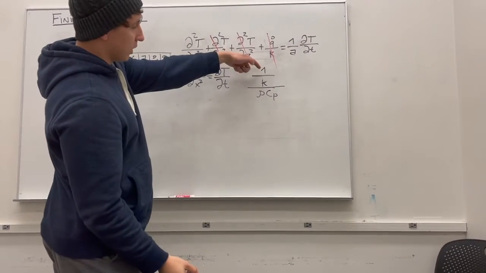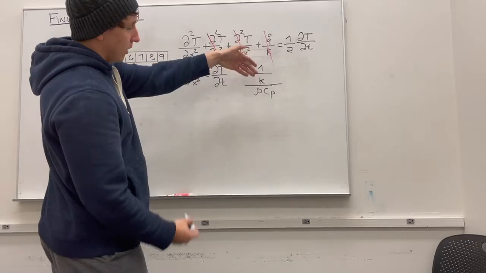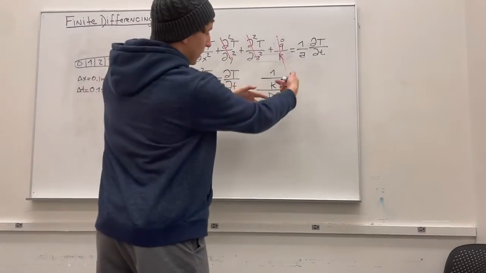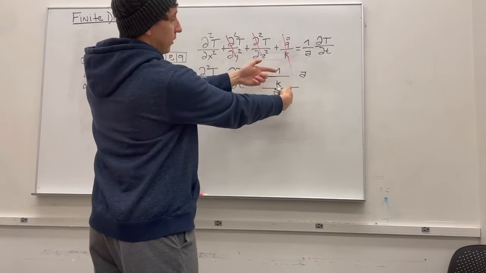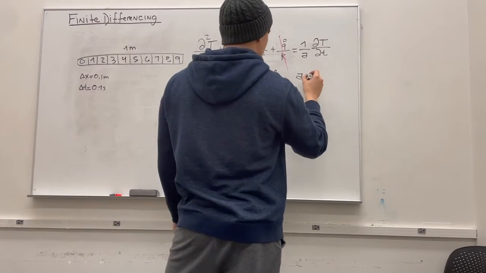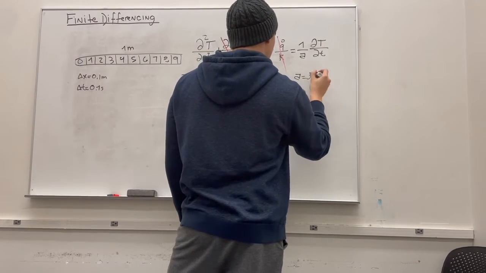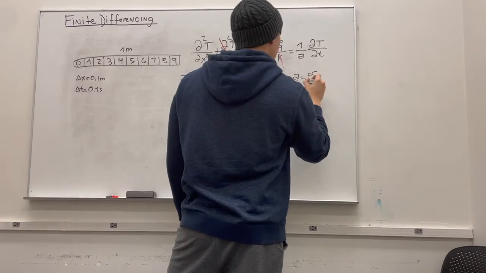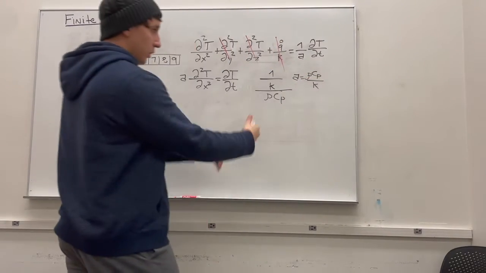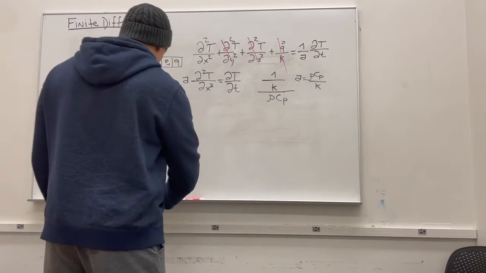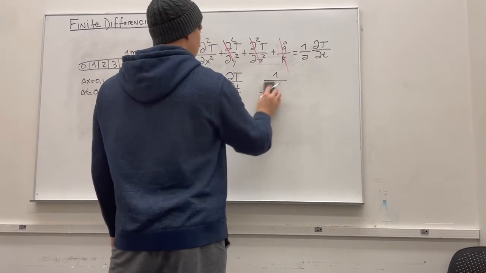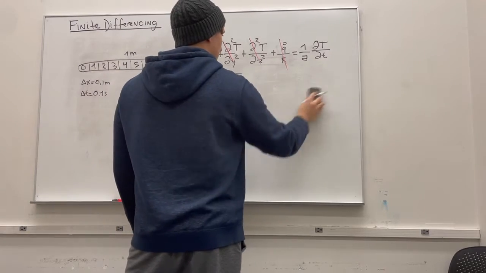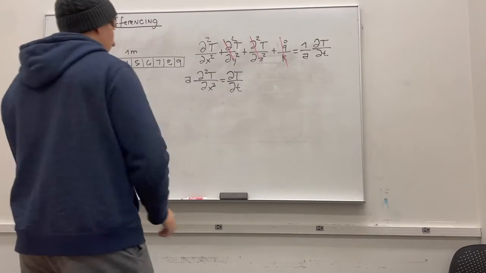Using our knowledge of algebra, if you had alpha instead of 1 over alpha, this would be the multiplicative inverse of that. So this is going to be equal to rho Cp over K. Just so you guys know what alpha is, it's not just some random term that you haven't ever seen before. So now that we established that, we can erase that out of the way.